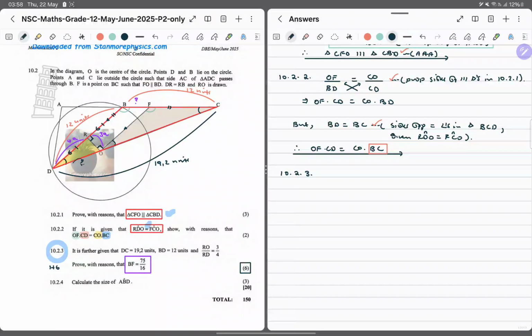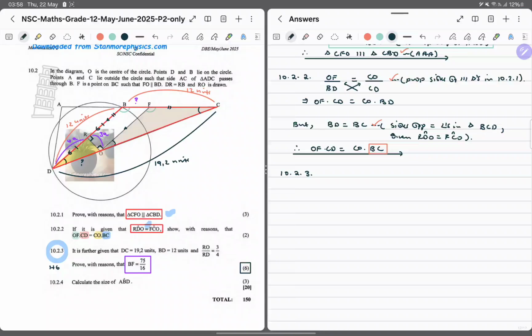And in this triangle we can actually get this side DO. If we can get DO, then we will be able to do our gymnastics eventually.